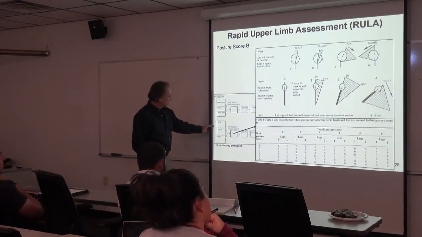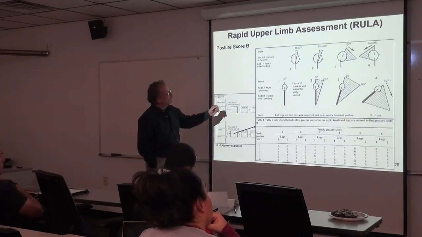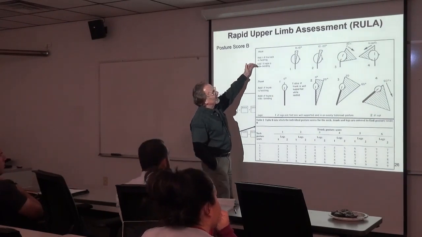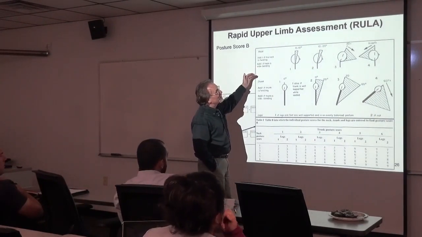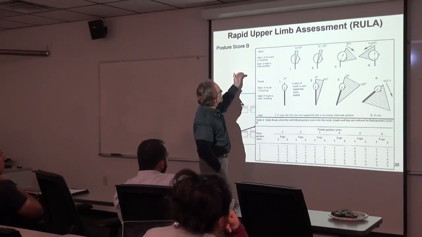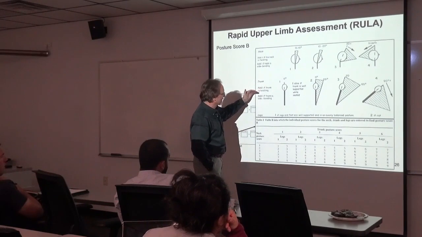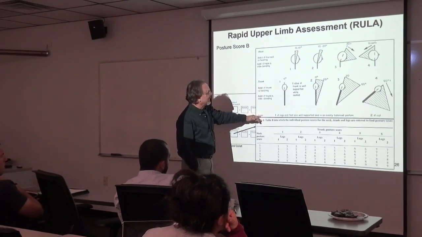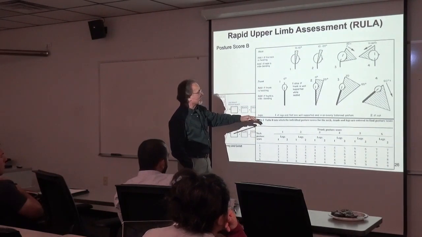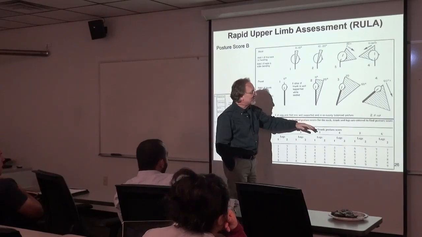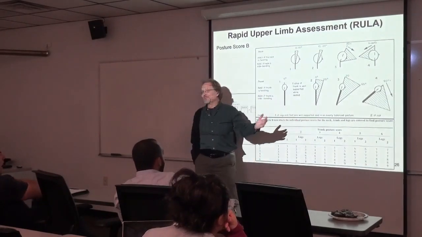Then for neck, trunk, and legs, this is the neck. Once again, it's a little bit more detailed than REBA. The trunk, somewhat more detailed again than REBA is. And then the legs: 1 if the legs and feet are well supported or evenly balanced, and 2 if that's not the case.